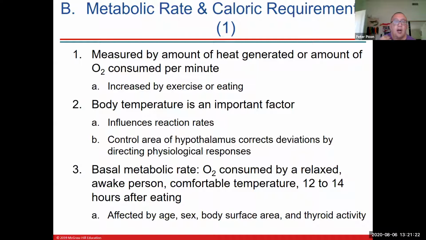The basal metabolic rate is measured by O2 consumed by a relaxed, awake person at a comfortable temperature 12 to 14 hours after eating. Basically, this is how many calories you would burn if you're kind of plopping on your couch watching TV. It is affected by age, sex, body surface area, and thyroid activity.